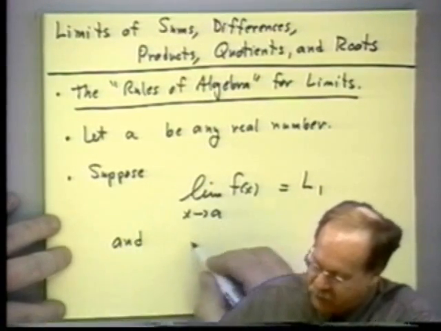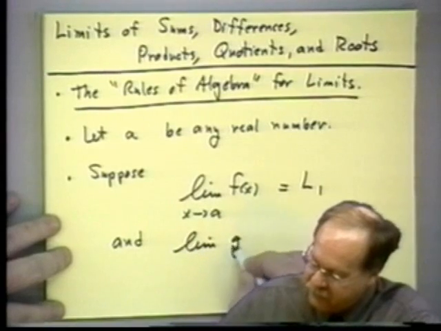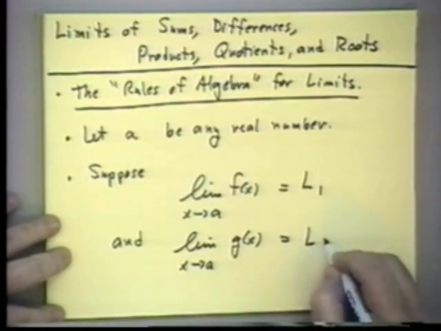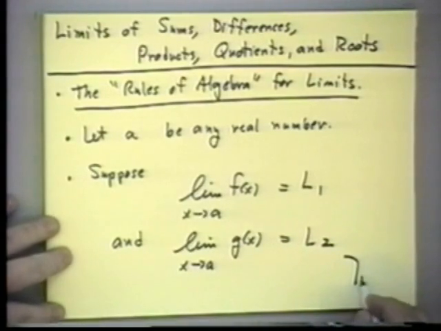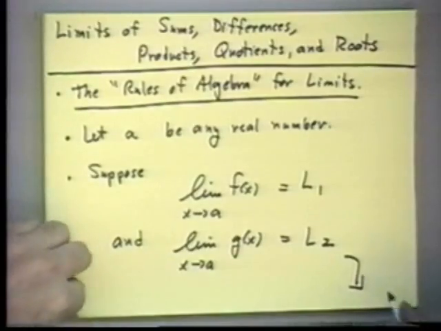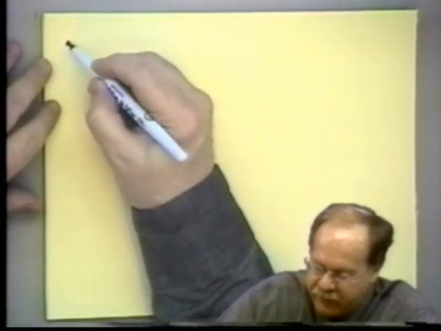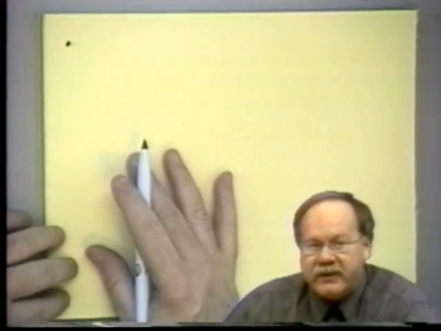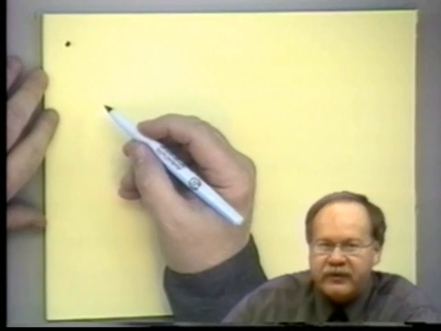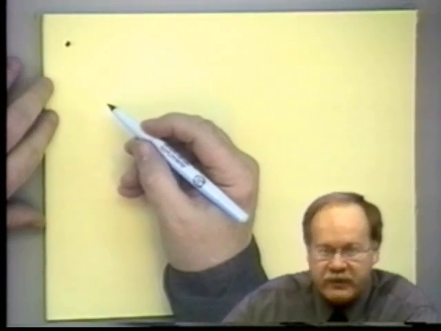And we'll need another one to talk about. The limit of a second function g of x as x approaches a is L sub 2. Then, with those functions and that real number in mind, we can construct a laundry list of the various properties that limits have with relation to functions and differences and sums, products and quotients and roots.